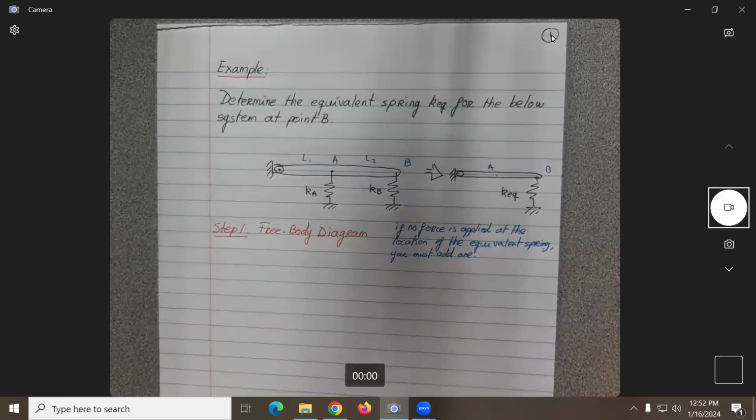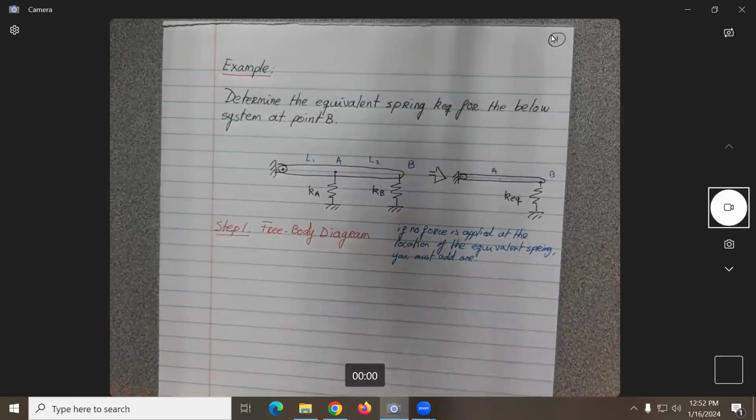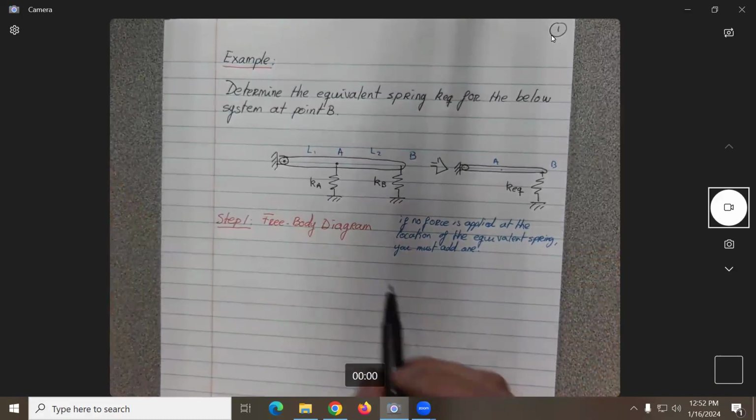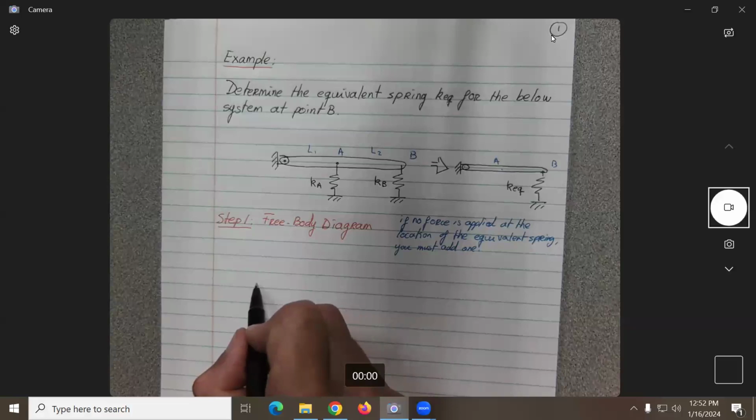So basically, in this case, you see I didn't put one on purpose. So what do we need to do? At which location do we need to find the equivalent spring? At point B. So what do we have to do?